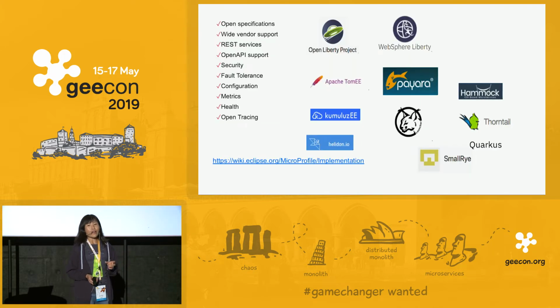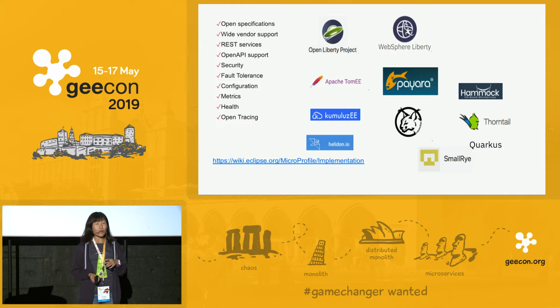MicroProfile has quite a few application servers doing the implementation. In IBM, we have Open Liberty, which is completely open source, and you can see the source code. It is free for production, you can buy the support if you want, and there is also WebSphere Liberty.